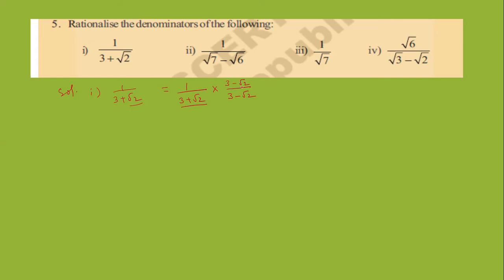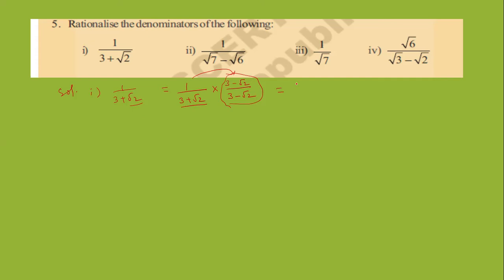That means a by a is equal to 1, b by b is equal to 1, c by c is equal to 1, 10 by 10 is equal to 1, 3 minus root 2 by 3 minus root 2 is equal to 1. The value of this product is 1. You may multiply any number by 1, you get the same. Hence, there is no change if you write like this.